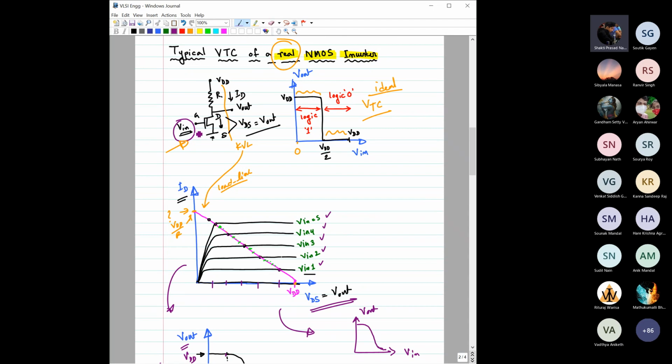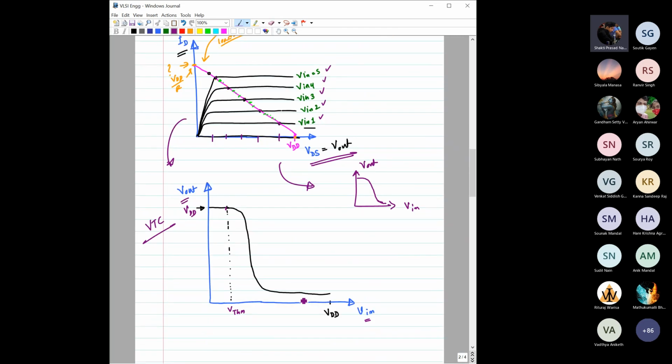You can get it. You have to choose the Kn value, the transistor parameter, and the resistance value accordingly. So you will also get VTC characteristics something like this, right? Don't worry about that. But from this to this, it's not really matching. Maybe this would be a better VTC representation, which is coming out of this plot, right?